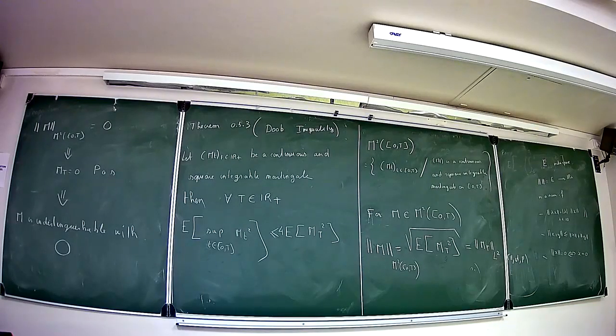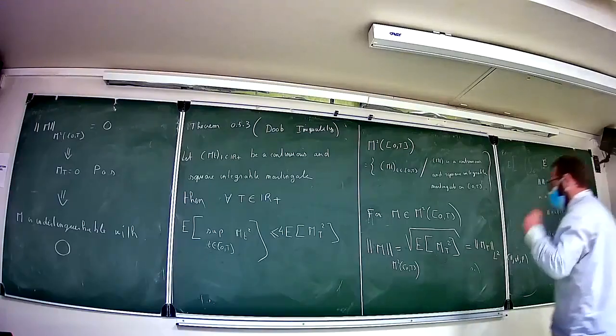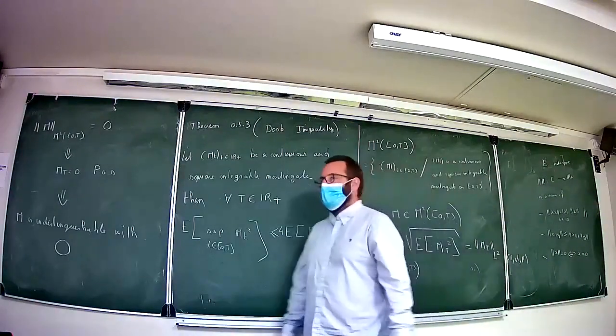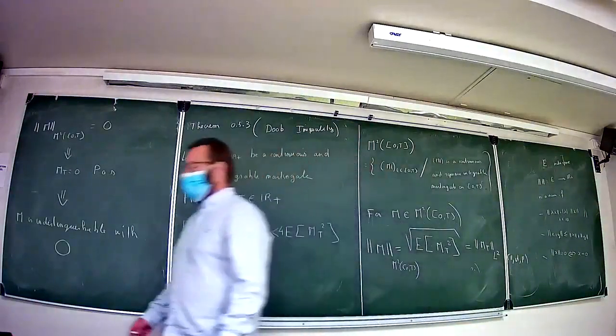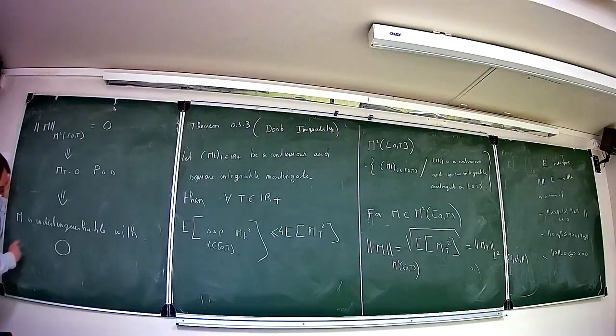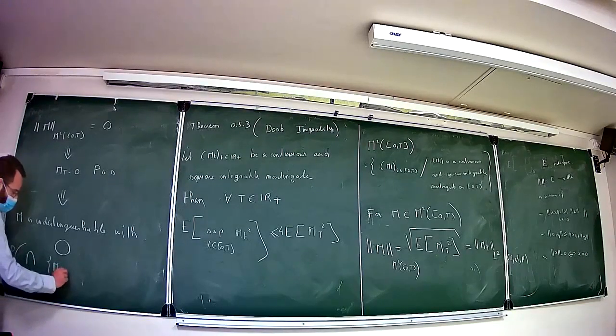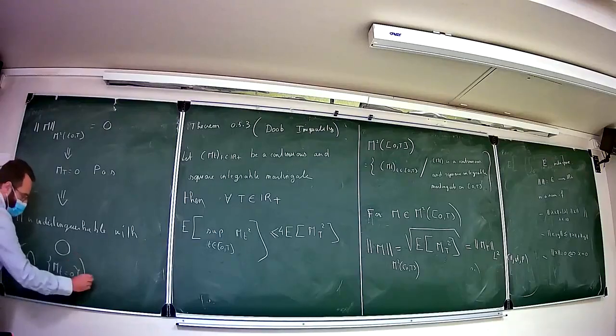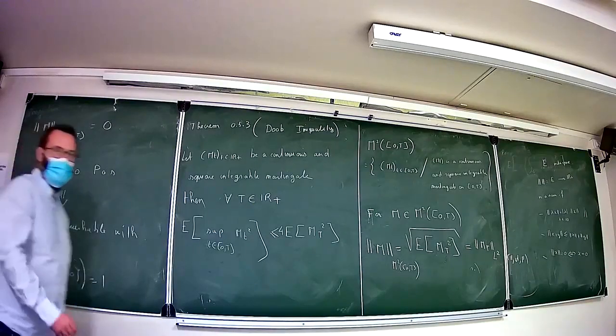M and 0 are indistinguishable, if you prefer. Just meaning, I repeat, more important than the way to write it, the probability of this one.